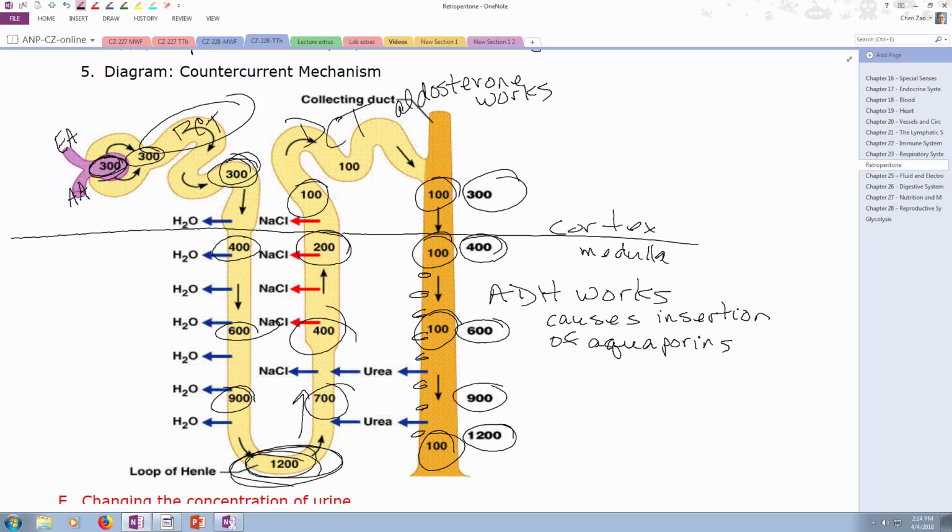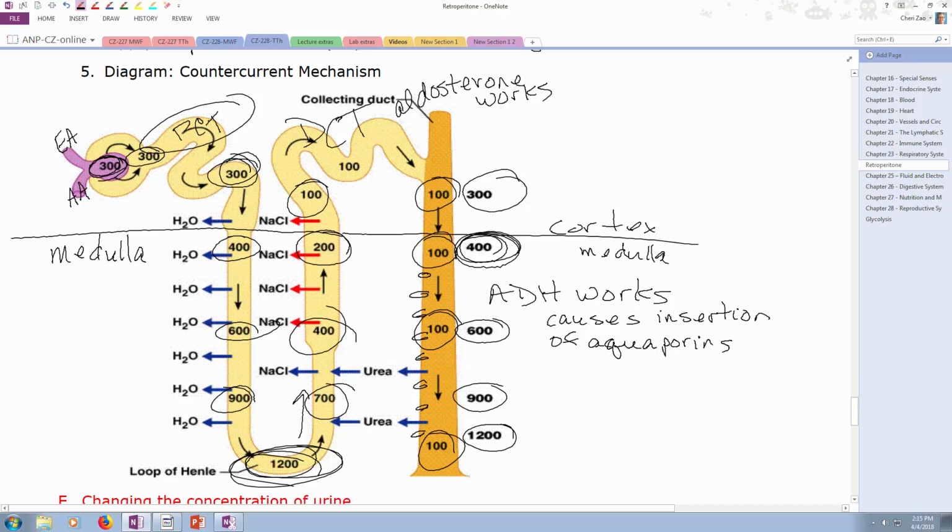Now, as we go into the medullary area of our pyramids, we are going to go into the descending limb of the loop of Henle, or the nephron loop, and we are not even actively pumping water out, because as we go in, we are noting that the surrounding tissue is at 400 milliosmoles.